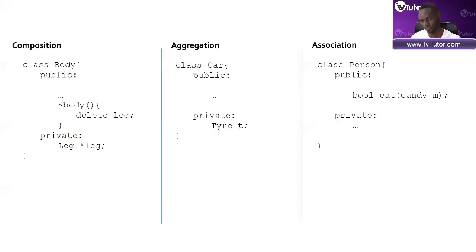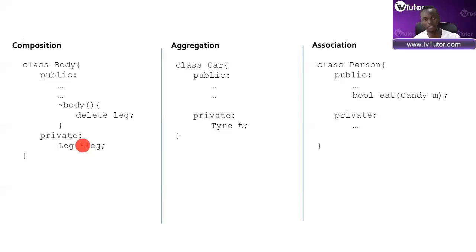Now, the main difference becomes the kind of variable that you're dealing with. When it's a pointer, you are most likely going to go with composition, because with composition, we are saying that whenever your class is destroyed, it's going to destroy its child. So you see that I've included a destructor here, which deletes this leg, which means every time an instance of a body is deleted, it deletes an instance of all the legs that it contains.